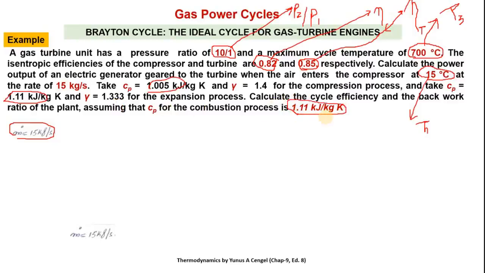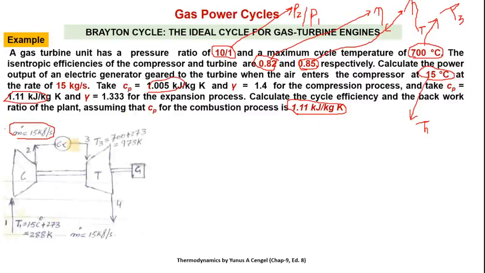First of all, in thermodynamics, we will draw the schematic diagram. So here is the schematic. It's a simple ideal Brayton cycle drawn here. So here is T1. Temperatures should be in kelvins because we would be using ideal gas equations.